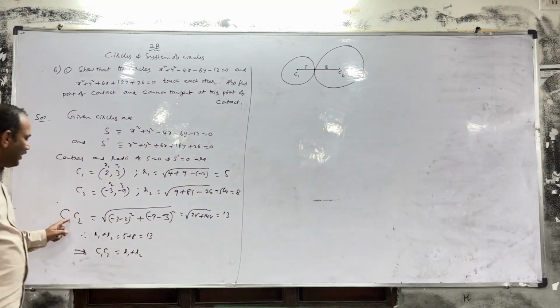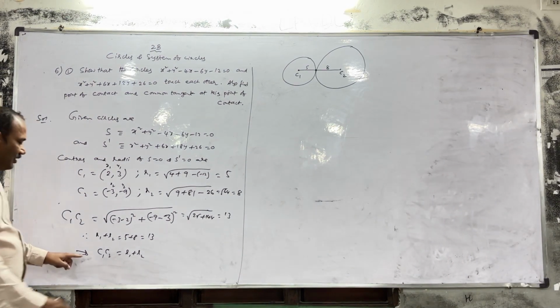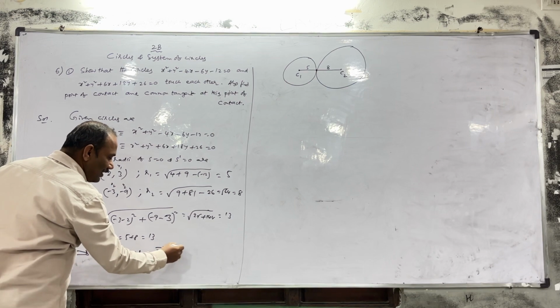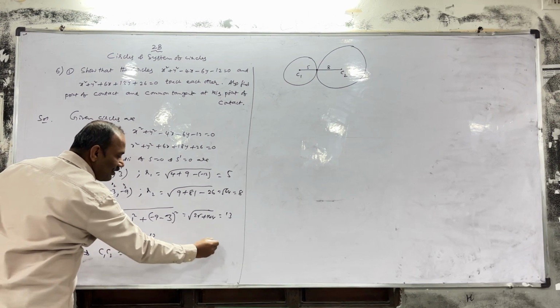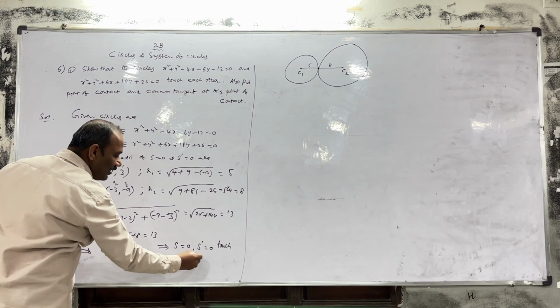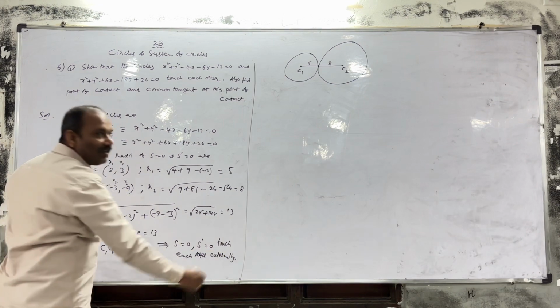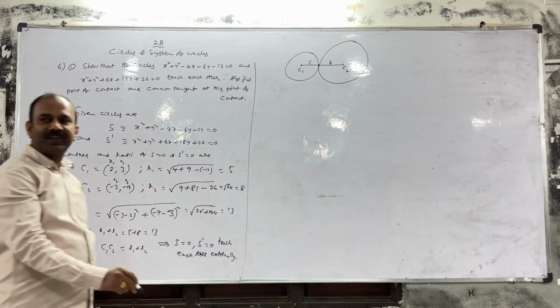Yes, C1C2 value is 13. That means these two circles are touching externally. That implies S equal to 0 and S dash equal to 0 touch each other externally.